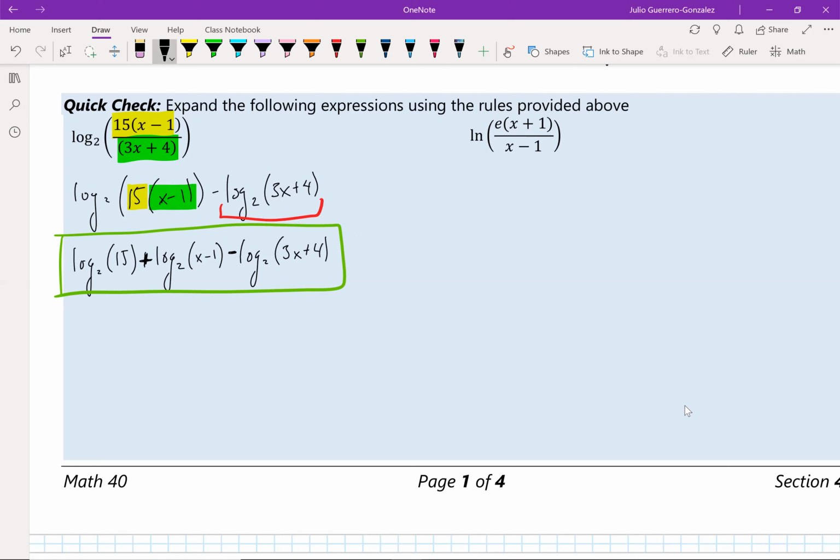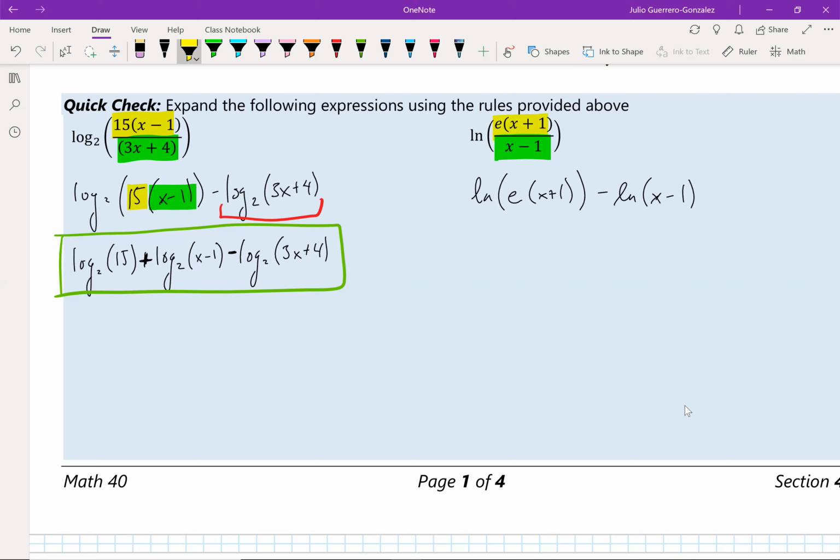Now the next one, I'm going to do the same thing. There's a top and there's a bottom. So this is going to be ln of e times (x plus 1) minus ln of x minus 1.